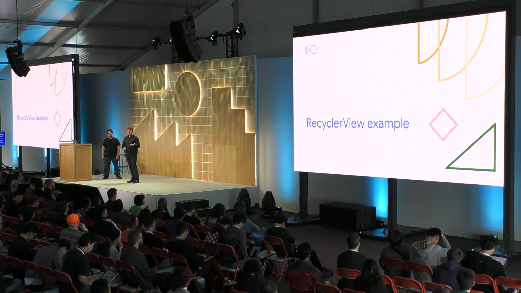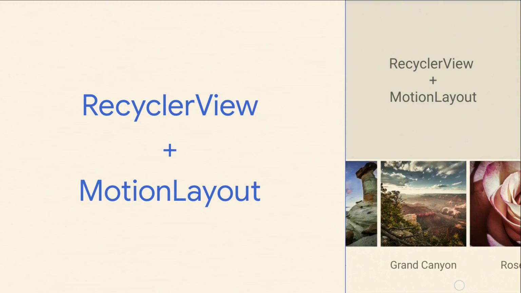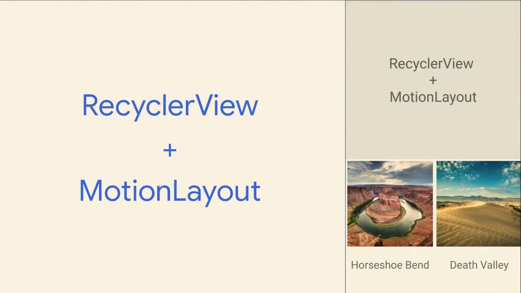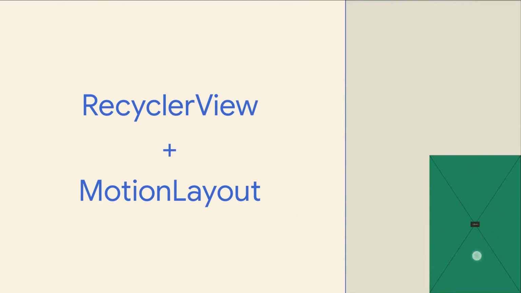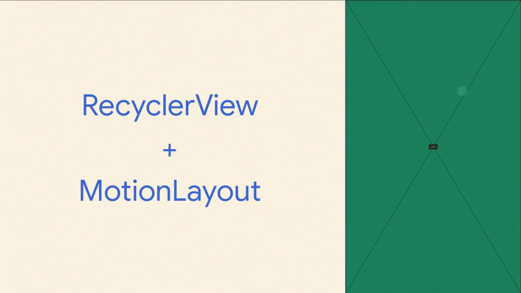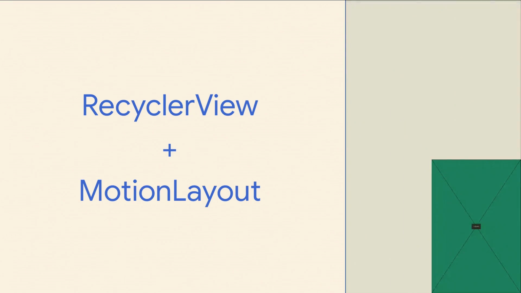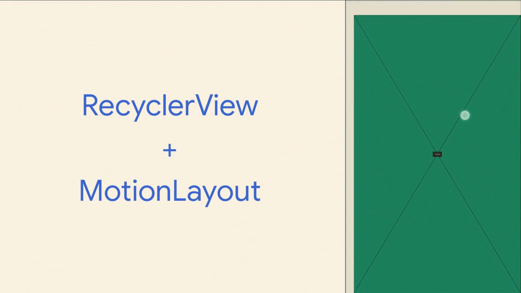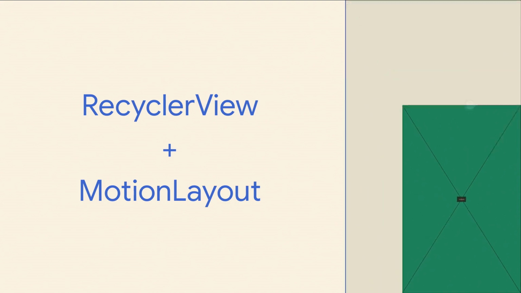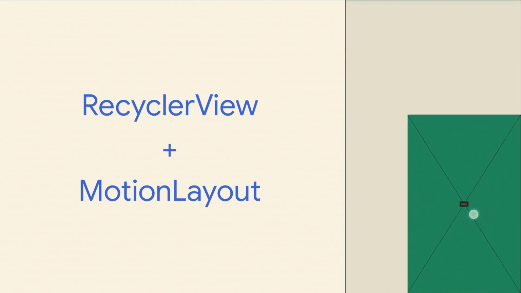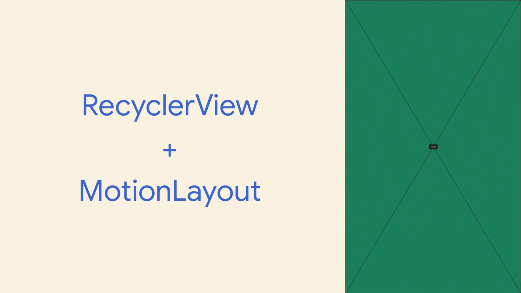So let's see how we can integrate RecyclerView with motion layout, or take advantage of motion layout in RecyclerView. So I've got my screen with a basic RecyclerView, and I'd like to be able to have this kind of motion. I take my element and just make it full screen, right? So we can define that absolutely trivially in motion layout, and I define the two states, very easy.